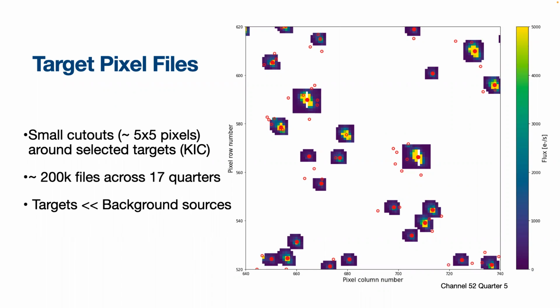Some of them contain one single target with almost no contamination or zero contamination. Others contain a handful of background sources that contribute to the contamination of simple aperture photometry.